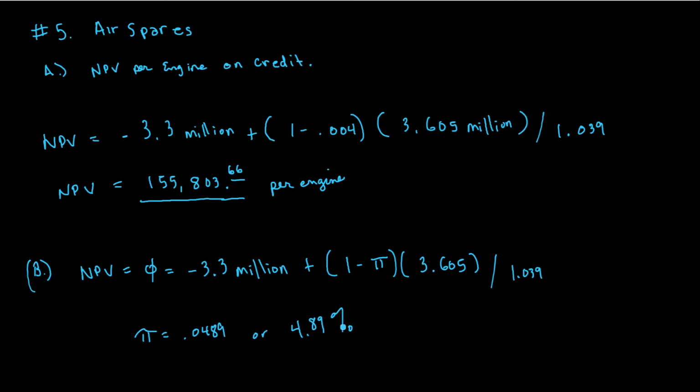The cash inflow is now 1 minus the default probability times the sell price minus the variable cost. So what we need to do is use the sales price minus the variable cost, since we have to build another engine for the customer in one period. Now, this cash inflow becomes a perpetuity, right? Because they said they're going to keep on ordering forever.